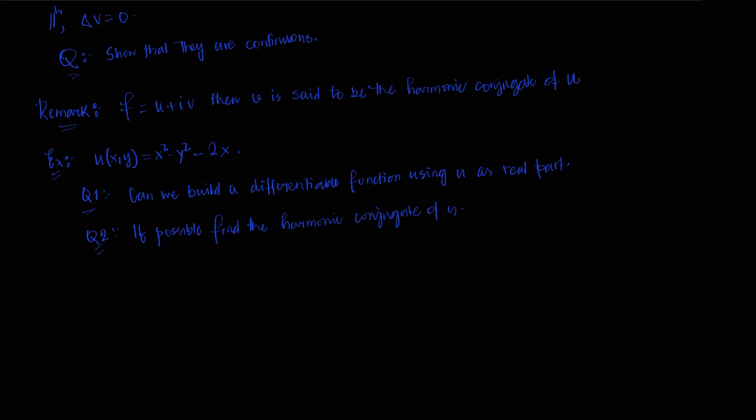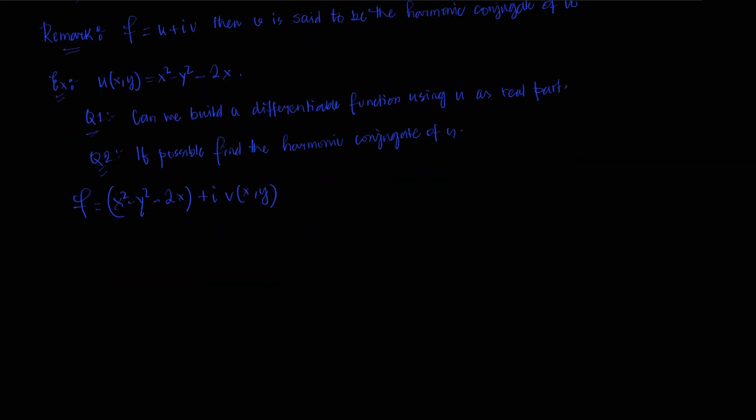So first things first, we want a function f which looks like x square minus y square minus 2x plus i times v of xy. And the thing is, I want this function to be analytic. This is the question. We want this to work. So, answer to the first question.